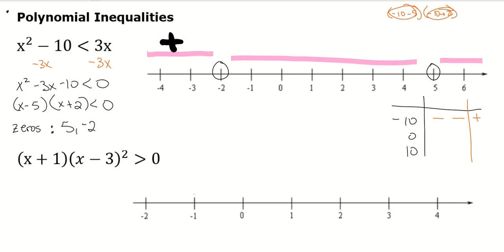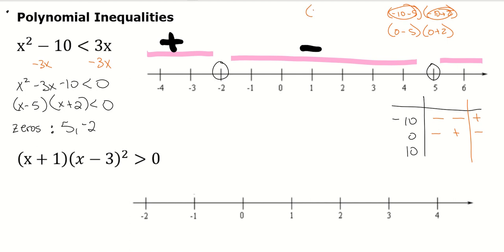Now I'm going to plug in 0 and do the same thing. So coming back over here, I'm going to plug in 0 minus 5 times 0 plus 2. So I have a negative and a positive. Well, a negative and a positive makes a negative. So therefore, this region is negative. And next I'll plug in 10 and check the last region.